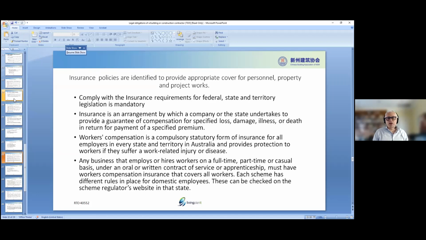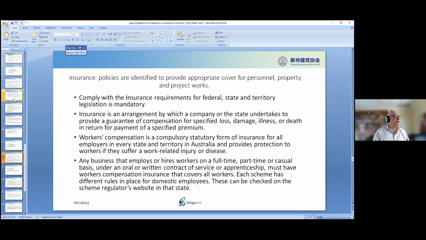So let's say I'm an office worker, chances of me getting injured are much less than, say, if I'm doing demolition work, okay? So the rate is very different.